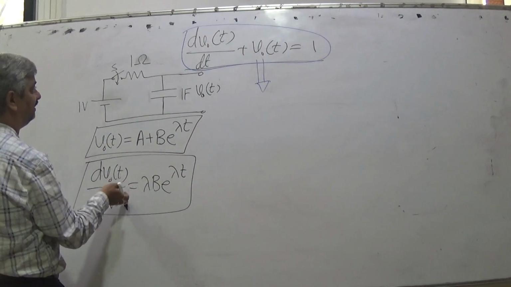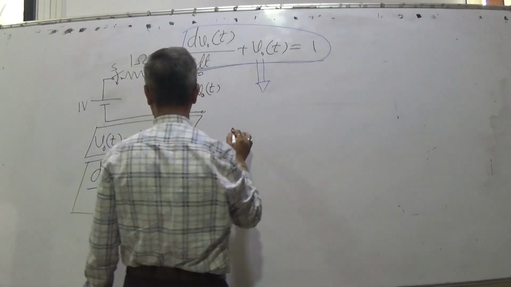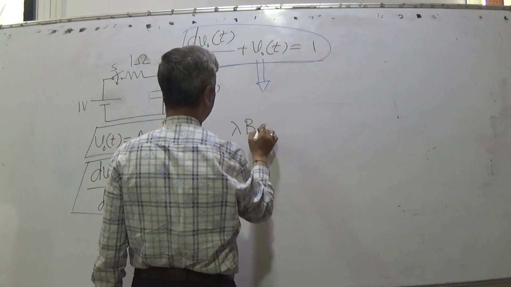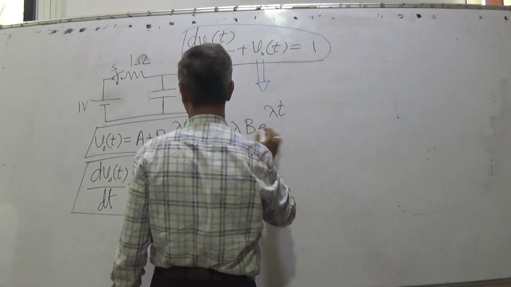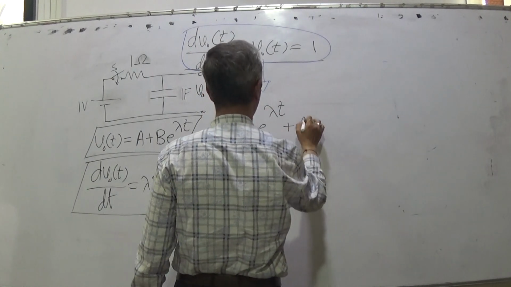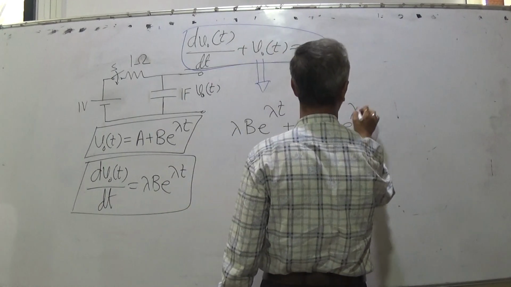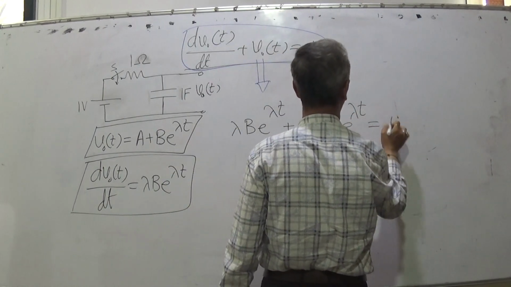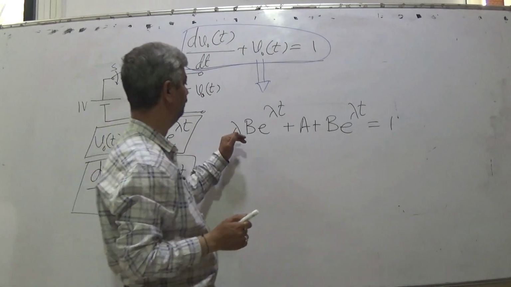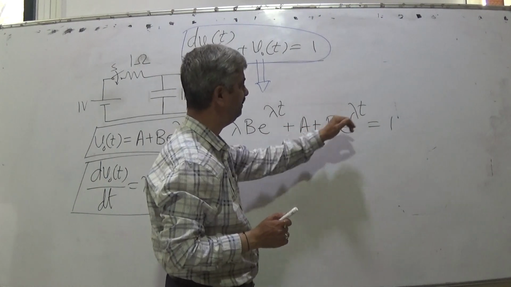Now I will put them in the equation: lambda B e raised to lambda t plus A plus B e raised to lambda t is equal to 1.